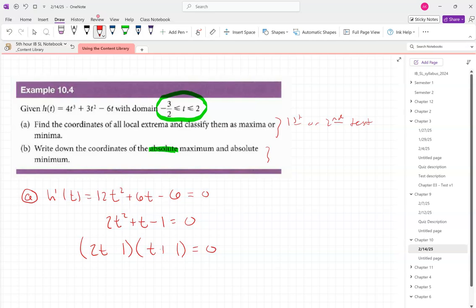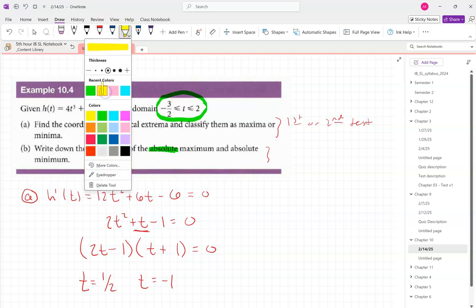So I think the positive has to go here and the negative goes here because 2t times 1 is 2t, and then negative 1 times t is negative 1t, and 2t plus negative 1t is the 1t in the middle. So when I set those each equal to 0, I get 1/2 and negative 1.